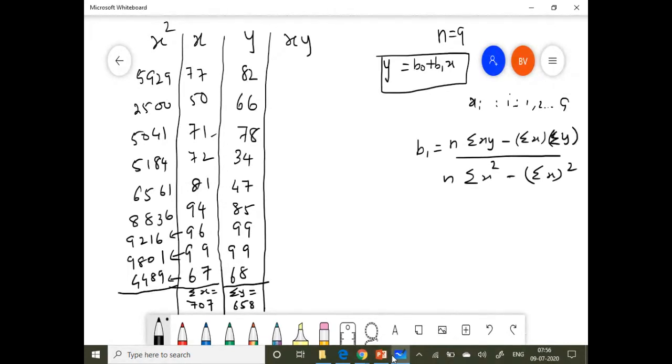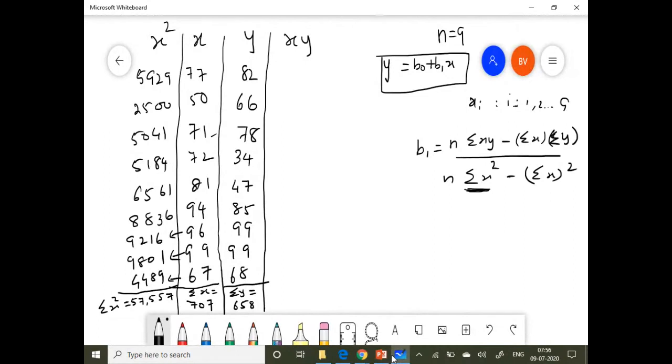And when you sum all those things, you call it summation x square, which is 57,557. Okay, that's what we need for this term, summation x square.